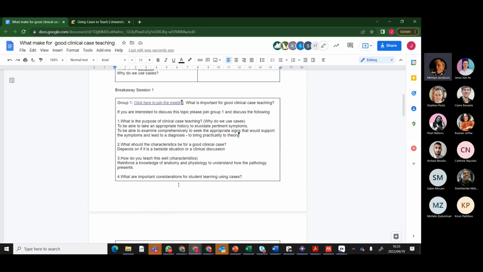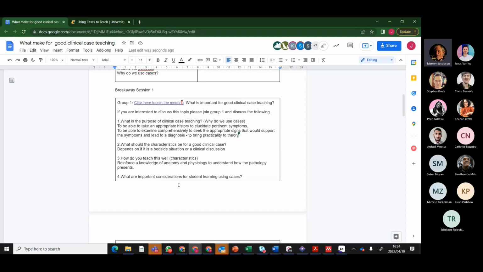The purpose of clinical case teaching is to be able to take an appropriate history to elucidate pertinent symptoms, because a patient presents with symptoms, and then to be able to examine the patient comprehensively to seek appropriate signs that would support the symptoms and lead to a diagnosis. And there's Sabir's absolutely crucial point that we've got to bring practicality to theory.